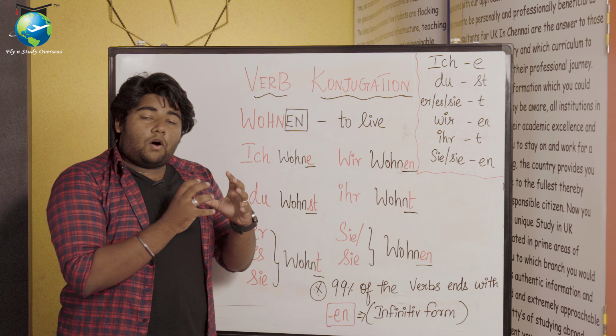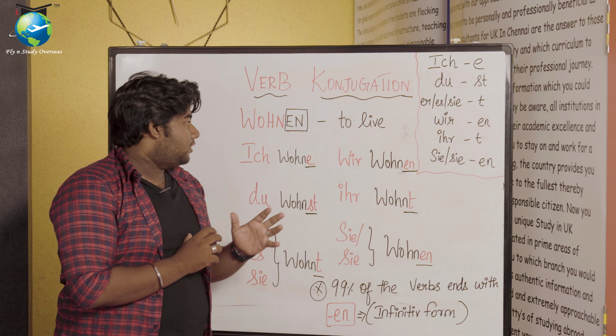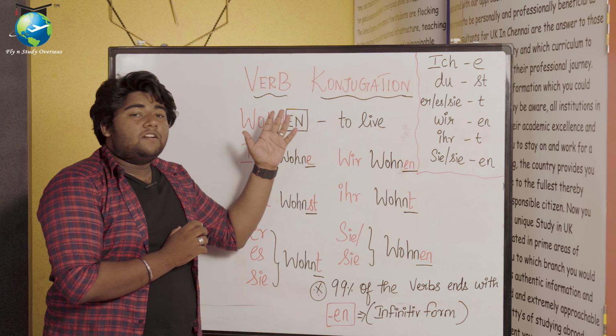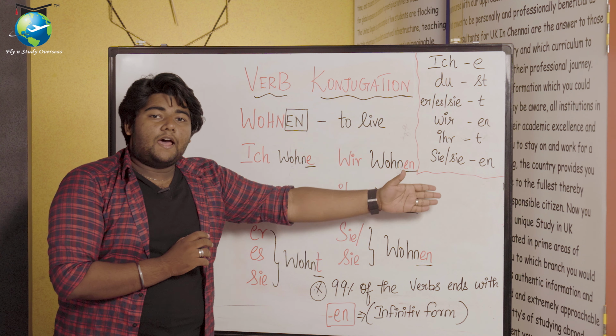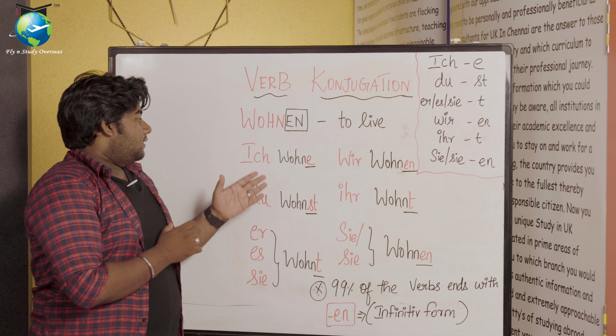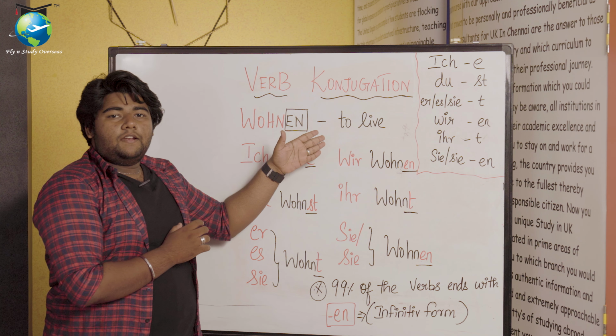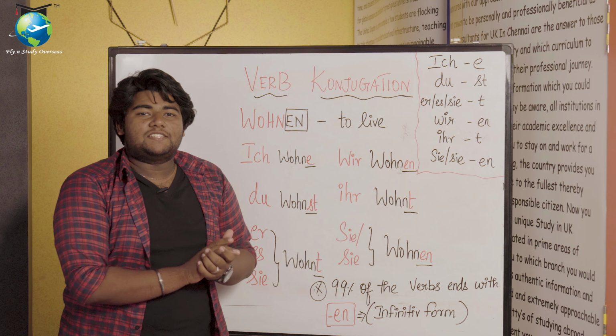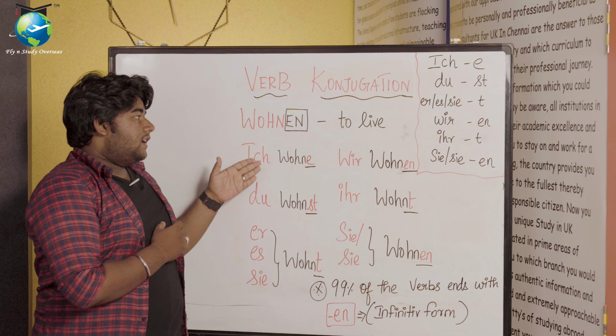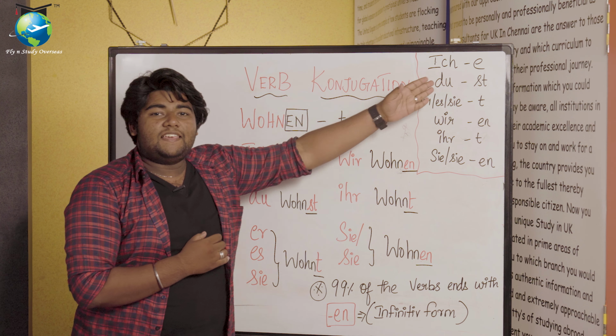Okay, so now what we are going to do is replace this en with the person's ending that I taught you in the last session. We are going to remove this en and, according to the person, match the endings. Shall we start? For ich, the verb ends with what? E, right?